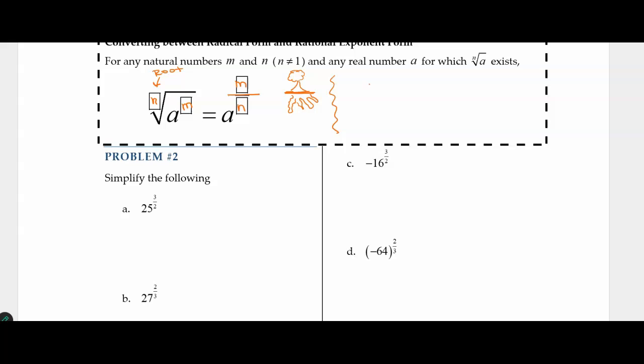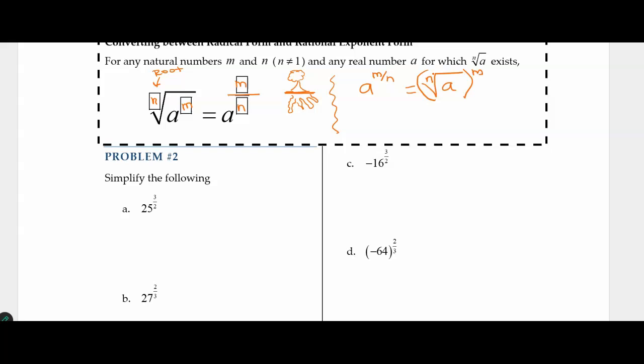Now I do want to point out something else on here. If I have a to the m over n power, I said I could write it like this, but it also could be written as the nth root, because that's my bottom number, the nth root of a all raised to the m power.